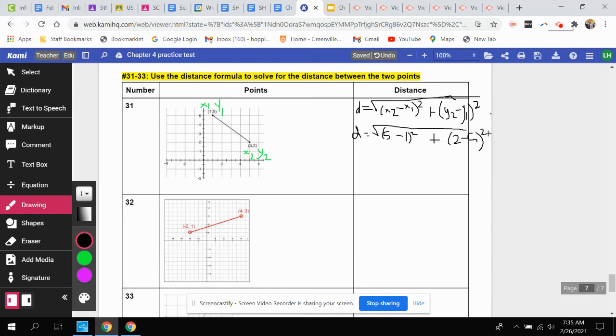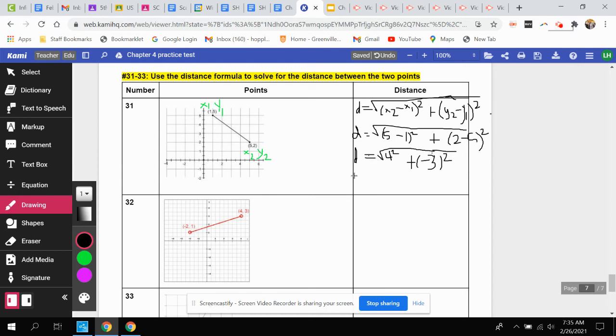This is also squared. Remember order of operations: we always solve what's in parentheses first. So 5 minus 1 gives me 4, which is 4 squared, plus 2 minus 5, which gives me a negative 3 squared.